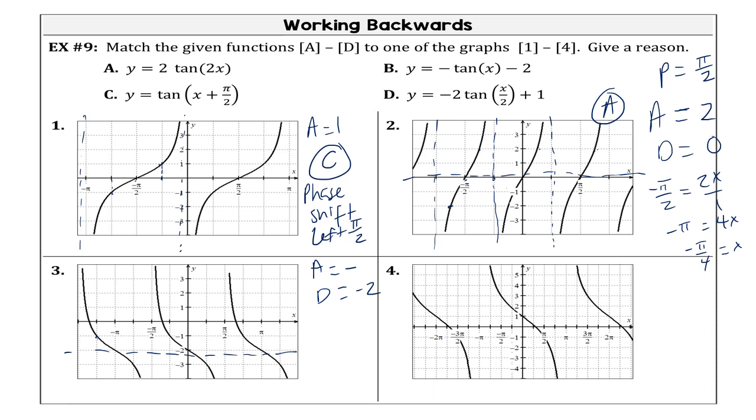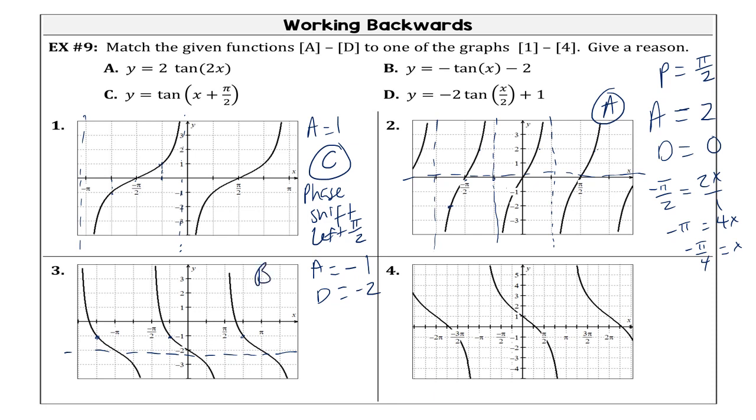I'm going to stick with -2. And it looks like this is at 1. Yeah, I'm not crazy. I mean, I may be a little bit. But as you can see, all of them are at 1. So we know that D equals -2 and A is going to be -1 because your amplitude here is 1. Just based on those two pieces of information, we know that it has to be B.